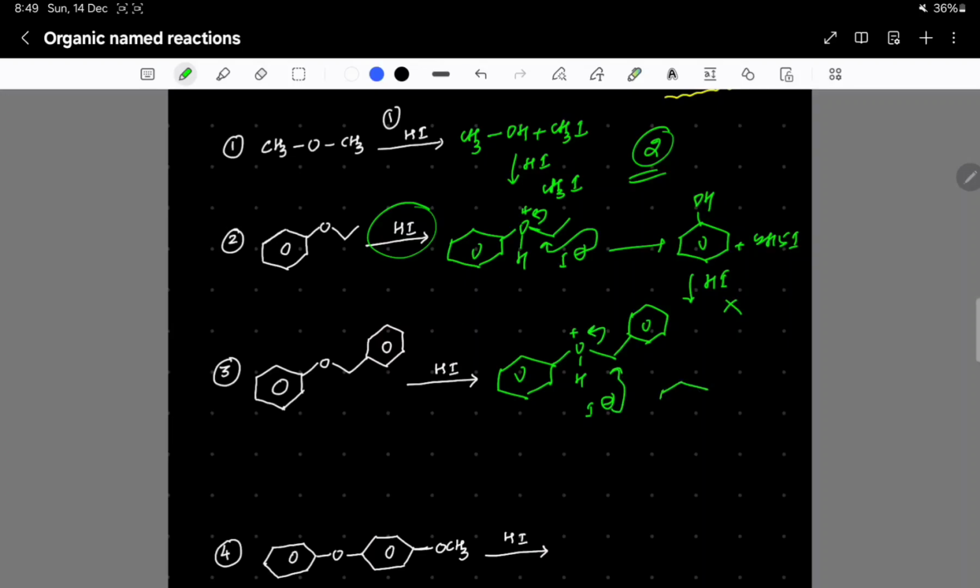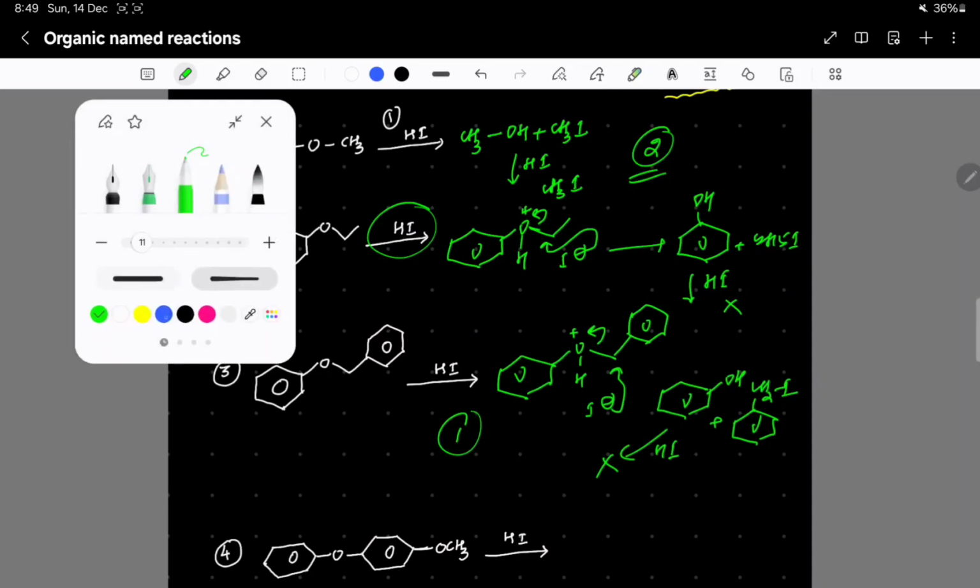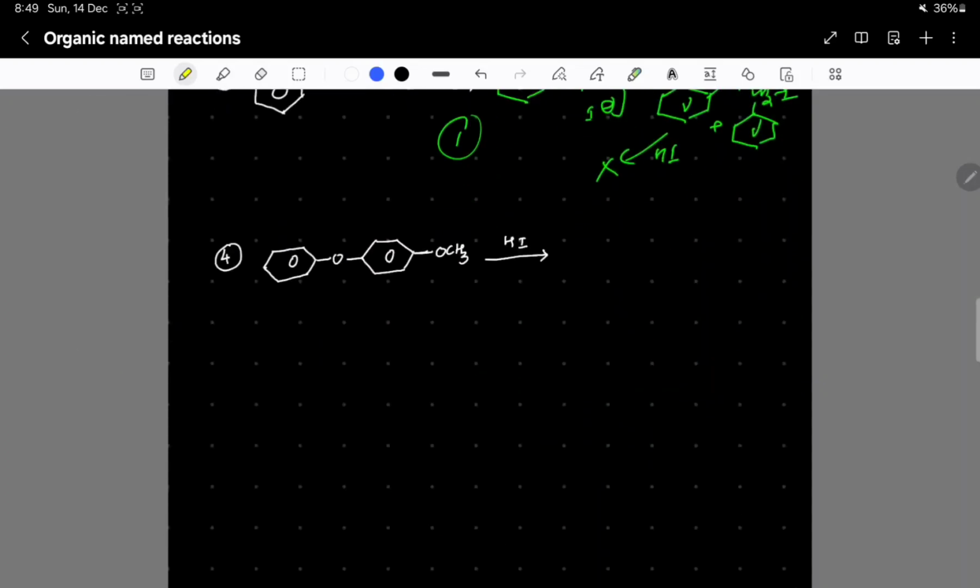So one will be the phenol and the other will be a benzylic type of compound, CH2I. Then again I cannot do any reaction with HI, not possible. The number of moles of HI required here is 1 only.